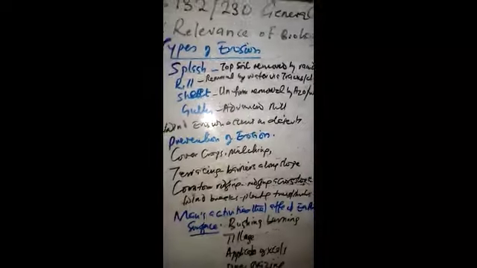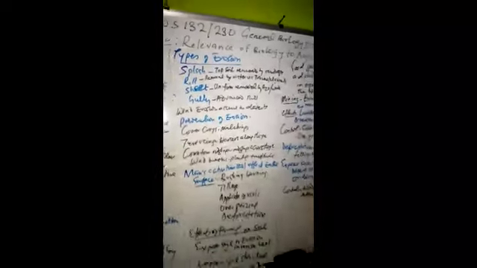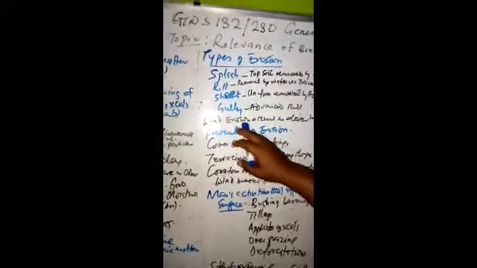Gully erosion. When now the tracks and the channels have become what? Deep. Some gullies in this part of the world can even take a whole building. And it is dug by what? Water. In the desert, they can be dug by what? Wind. So wind erosion occurs mainly in the what? Deserts and semi-deserts of Nigeria.